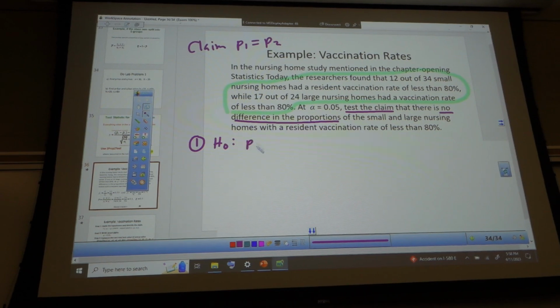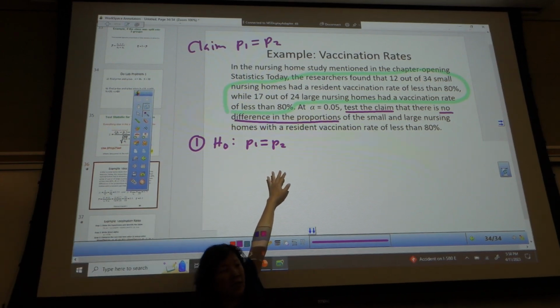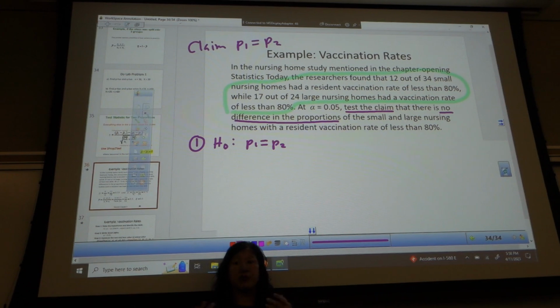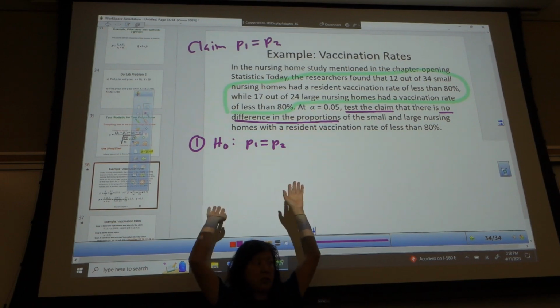So it's going to be P1 equals P2. When we have two proportions, we no longer have numbers in our H naught. It's always going to be that P1 equals P2.